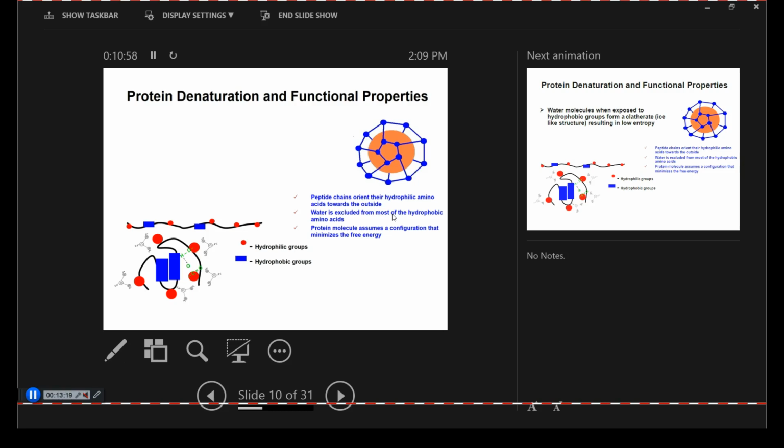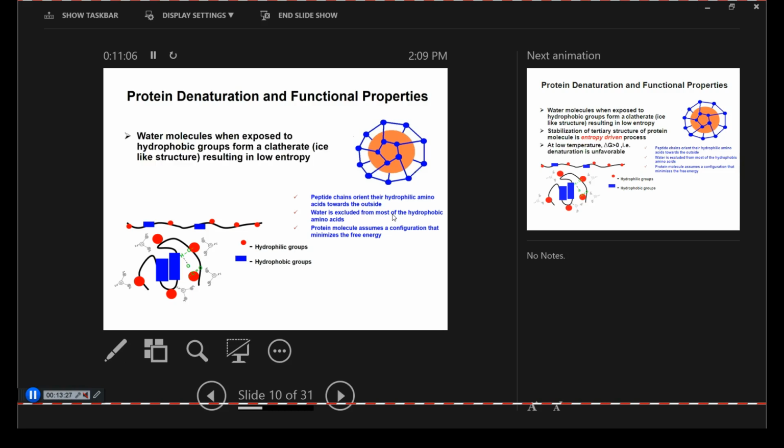And the water forms around the protein. Especially if you have hydrophobic regions, the water forms a kind of crystalline structure around the protein, resulting in low entropy, maintaining the structure of the protein.